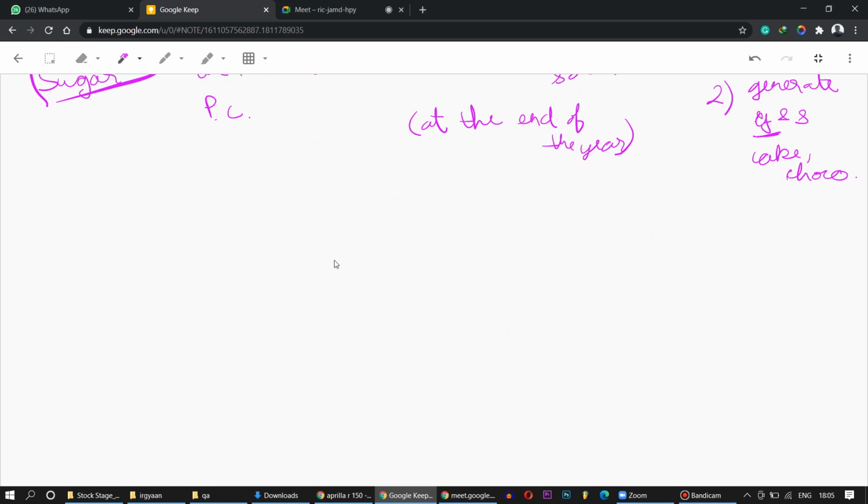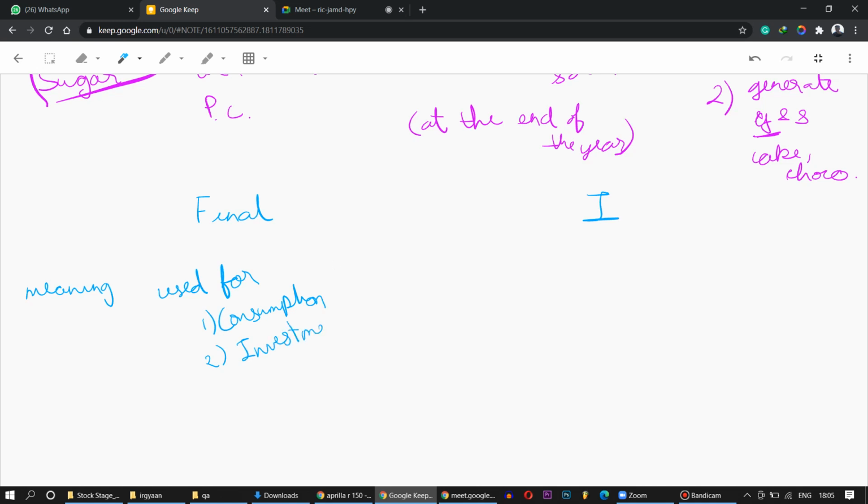Quick differences, what we need to write in our exam. Final, intermediate. What is the first basis? We have meaning. In final goods, used for two things. One is consumption, and the other one is investment.